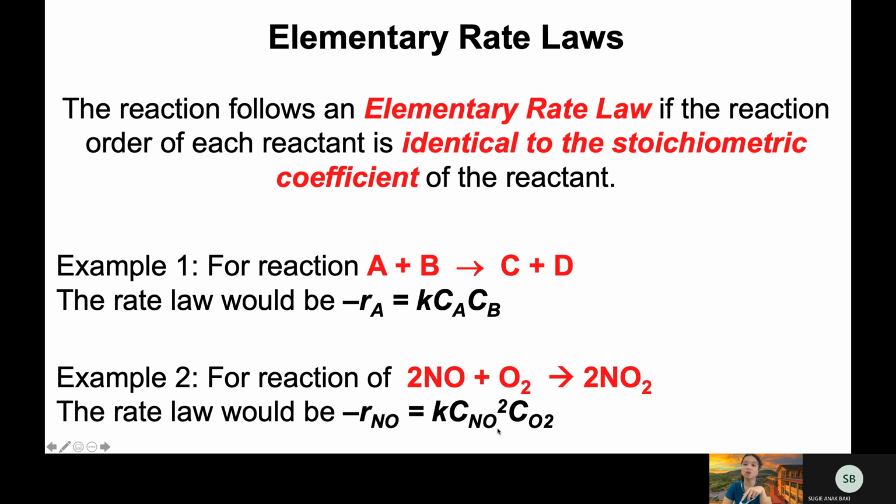CNO is the concentration of NO, power of 2. Concentration of oxygen gas, power of 1. Because stoichiometric coefficient for oxygen gas is 1. Okay, so that is how we deduce the rate law if the reaction follows elementary rate law. Means reaction order dia follows the stoichiometric coefficient.